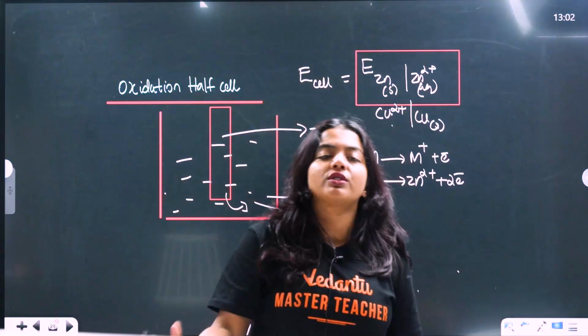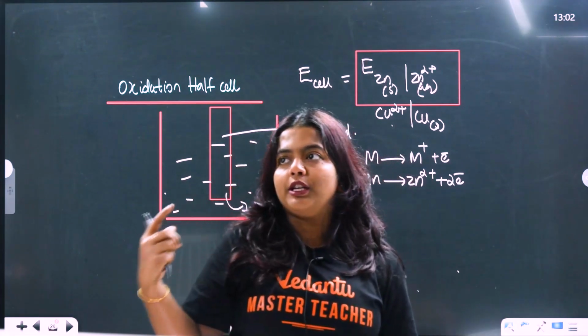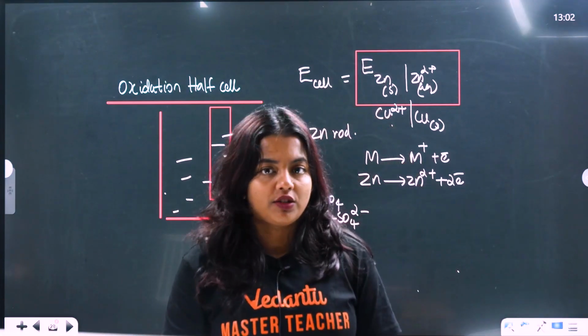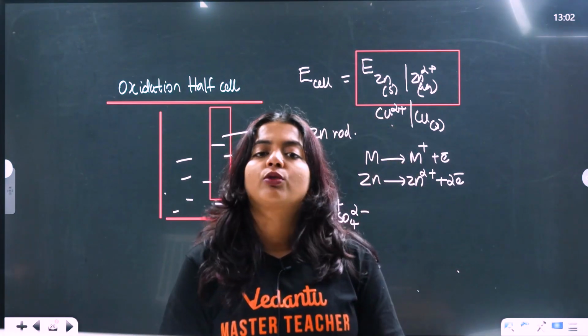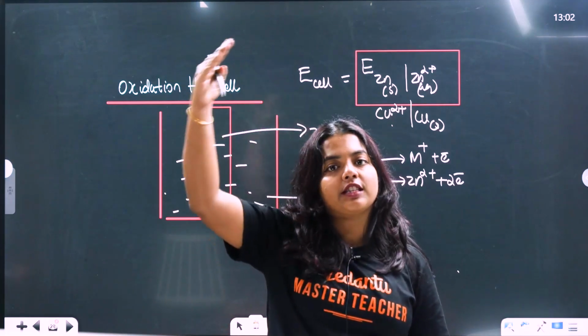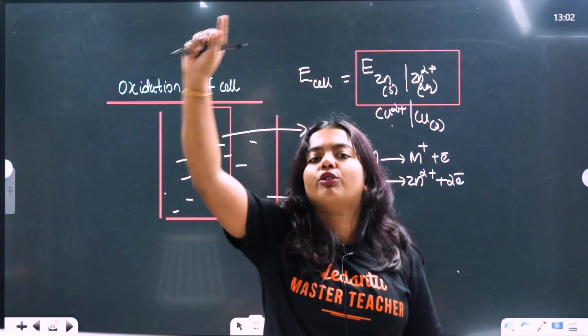So what is the use of the salt bridge? In order to make sure of the complete flow of the electrons, we need the salt bridge, and also for the particular connection of the electrolyte from the ZnSO4 to the CuSO4.